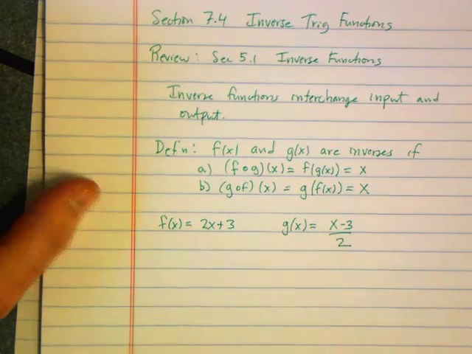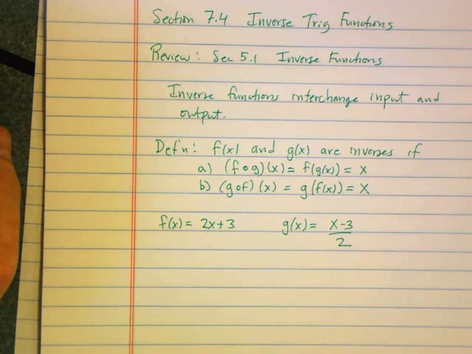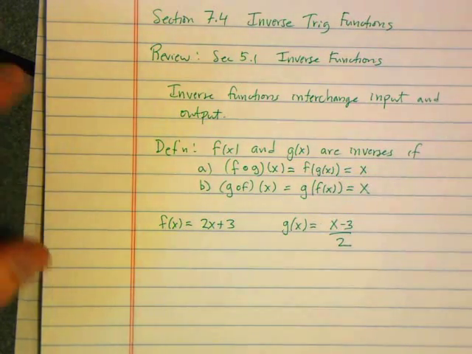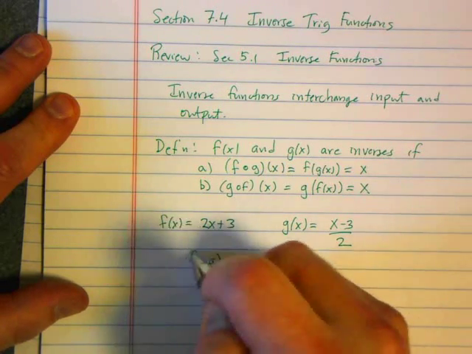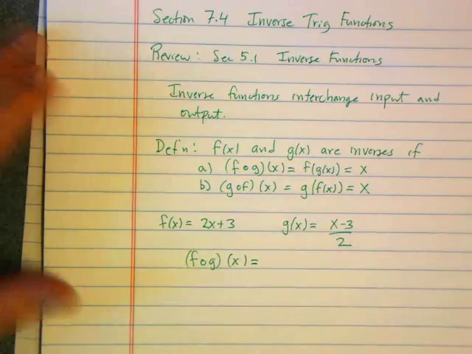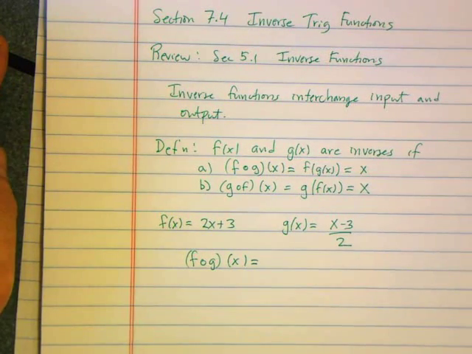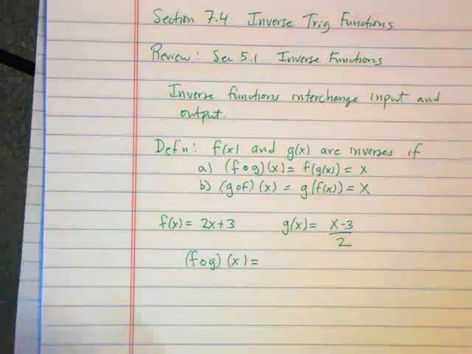So that seems like an excellent guess. Is it the right answer? Well, how do you find out? Well, there's two ways. I think the easy way in this problem is we do f o g. And when we do f o g, what had we better get? We better get the letter x. So what does f o g mean to do? I take the g and I plug it in to the x.